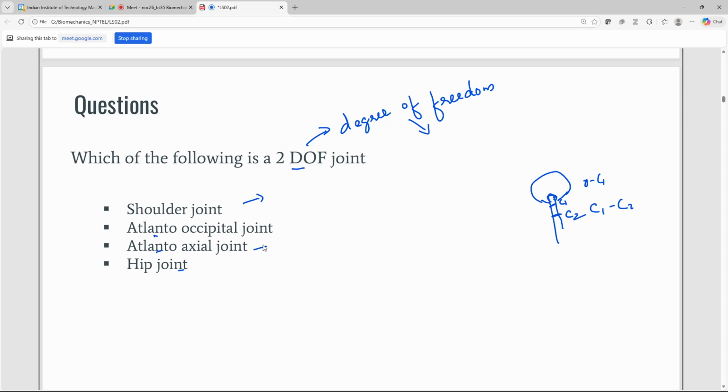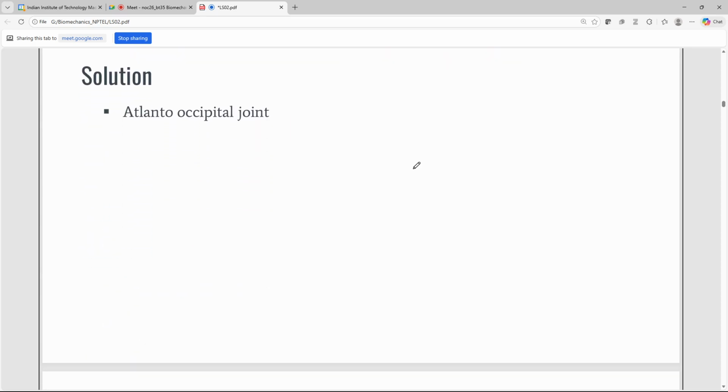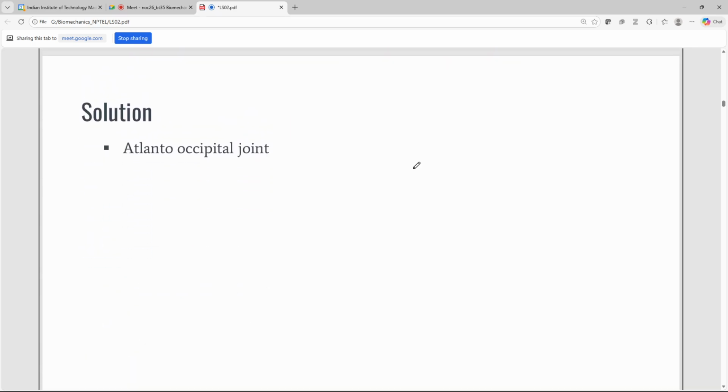Actually, the Atlanto-axial joint has more degrees of freedom. Only the Atlanto-occipital joint, that is the AOC joint, has 2 degrees of freedom. So this is our answer, Atlanto-occipital joint, because the top portion only has sideways rotation and flexion and extension in two planes.